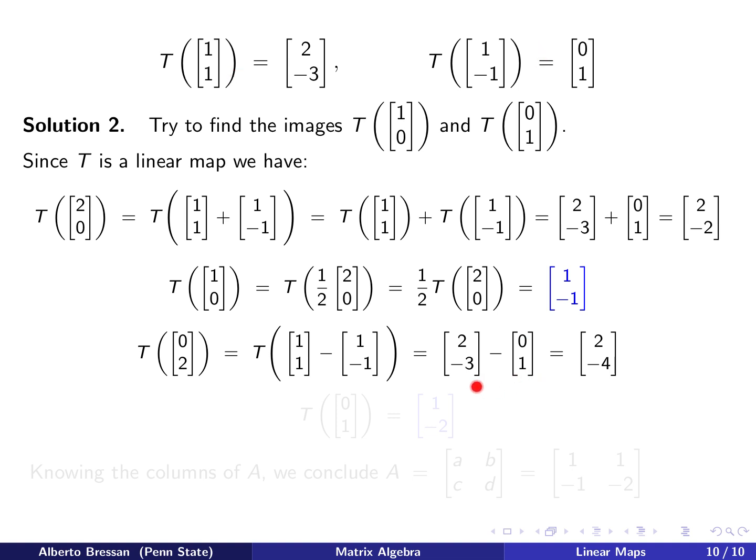Carrying out the subtraction, I get (2, -4). To get the image of the second unit vector, I just need to divide this by 2. So T of (0, 1) is this result divided by 2, which gives (1, -2).